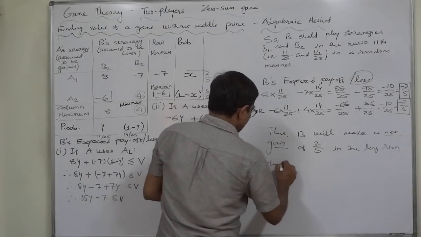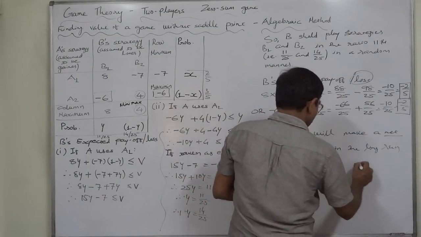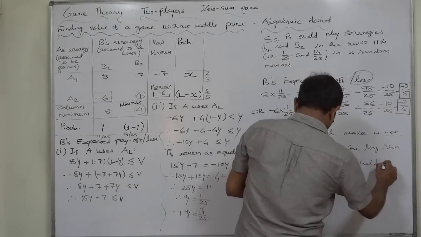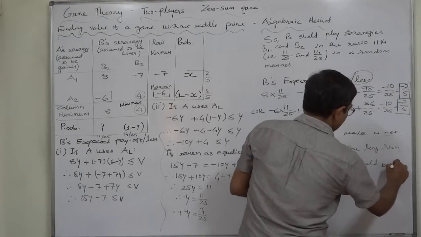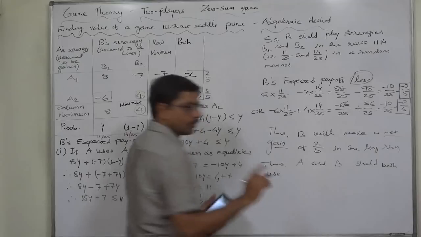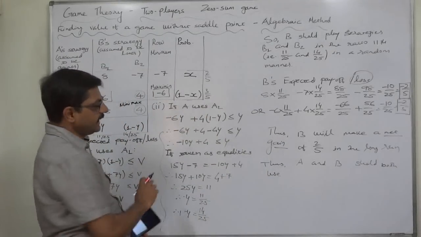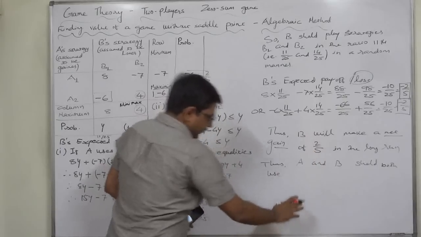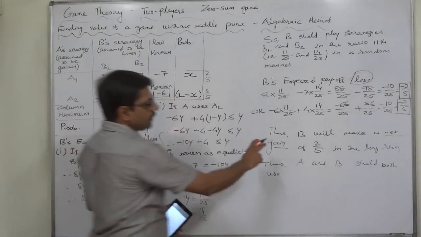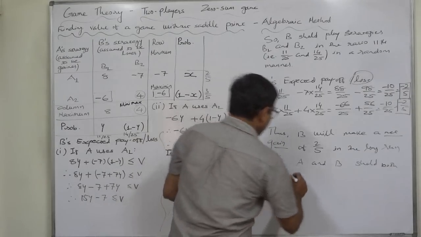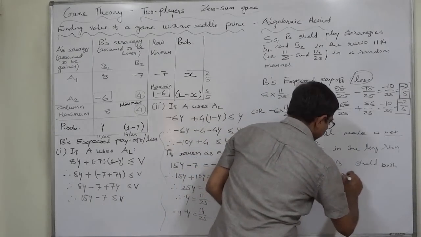And thus, as a common conclusion, A and B should both use mixed strategies in the above manner. Don't forget to write all these, as and when you refer to the case, you can understand the whole thing on the basis of this writing, and in examination also you need to write all these things.